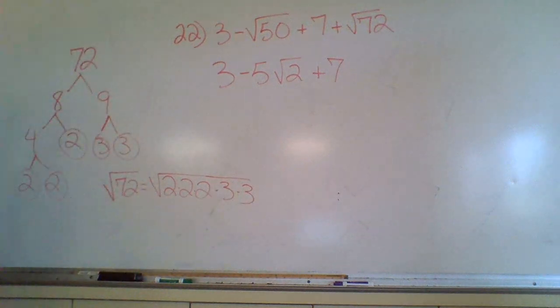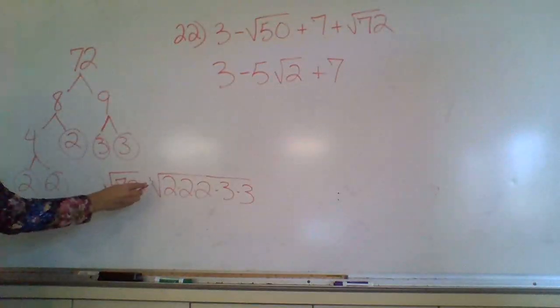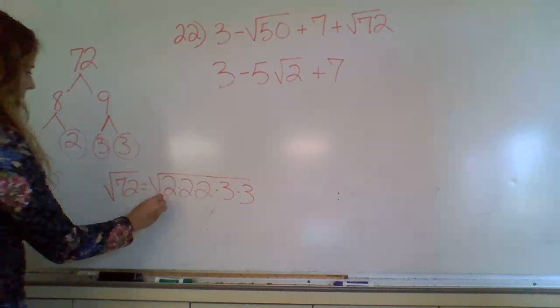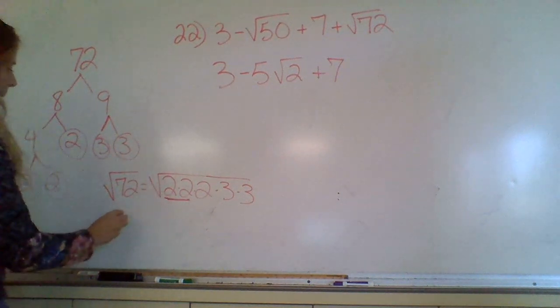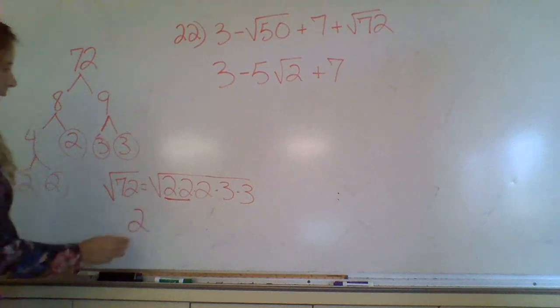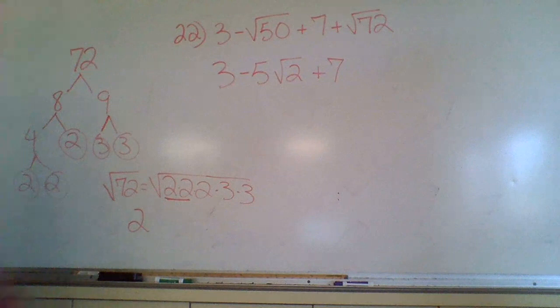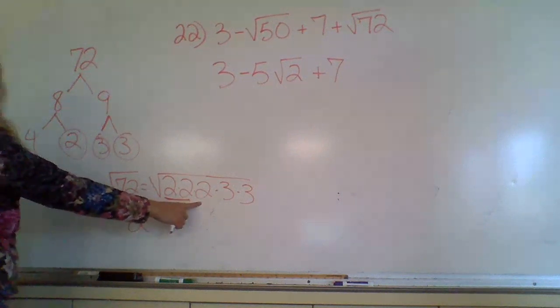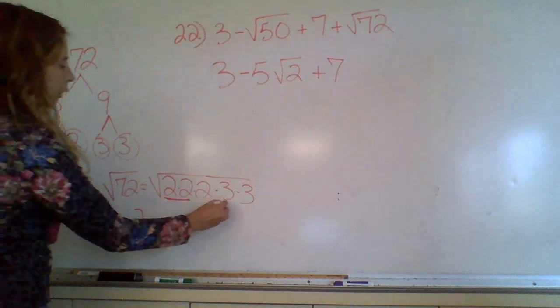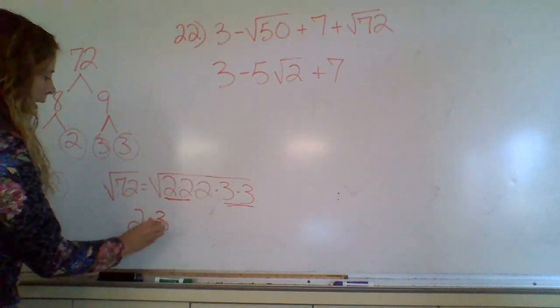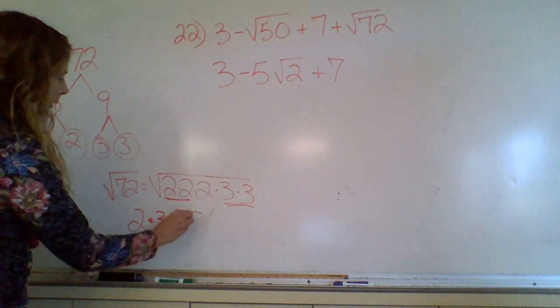So you're looking for groups of 2. I have 2 2's, so I can pull out a 2. And then I have 1 2 left over, but it has to stay because it's all alone. And then I have 2 3's, so I can pull out a 3. So 2 times 3, and on the inside, I have square root of 2.